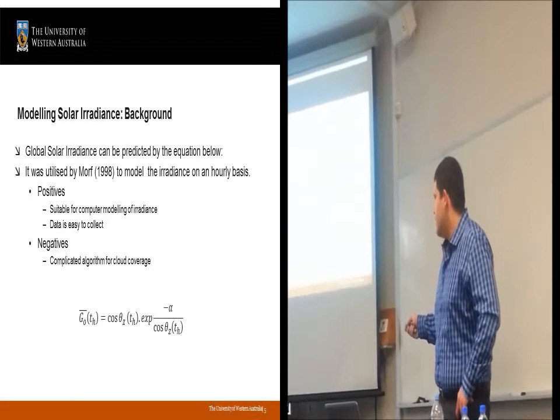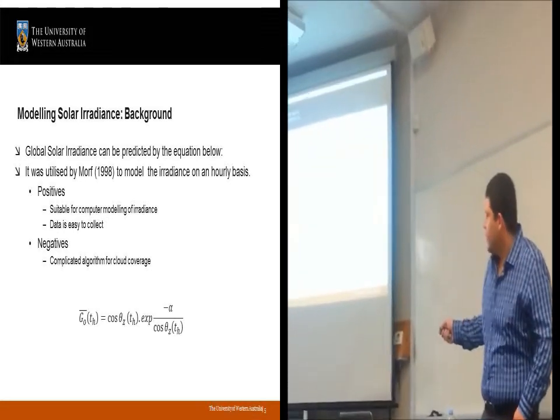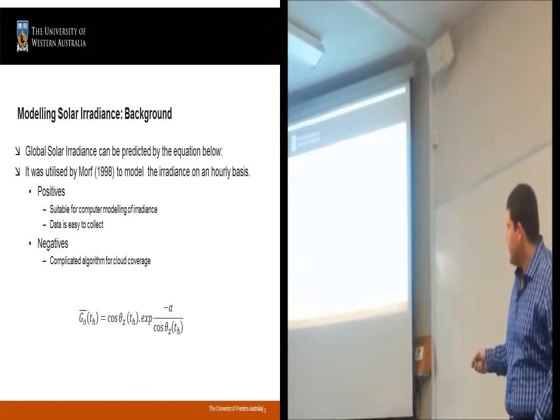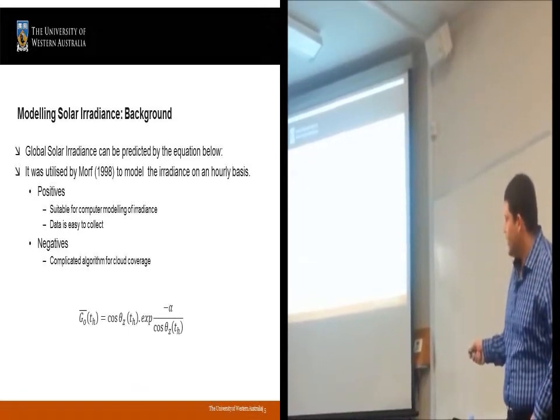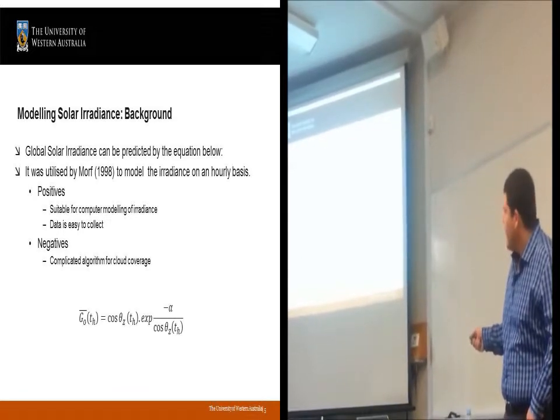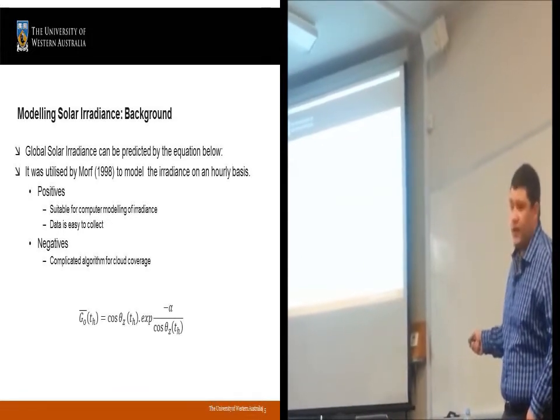And so all this equation is telling us is the irradiance at a certain point in time. And so we can calculate that by finding the zenith angle and a coefficient alpha.